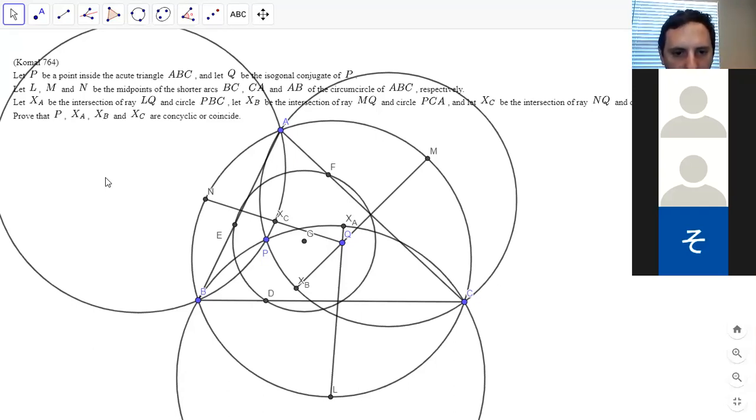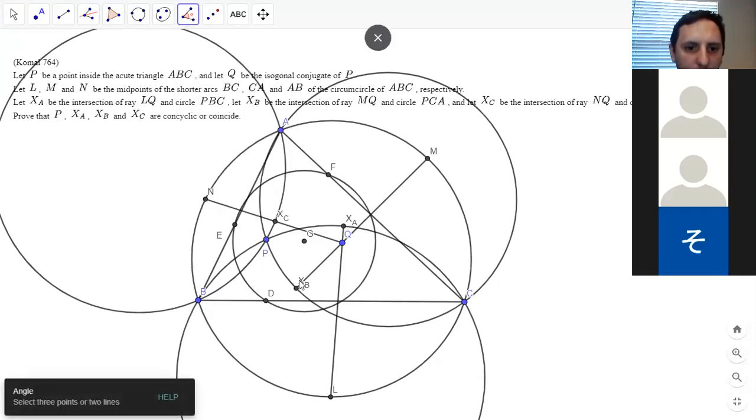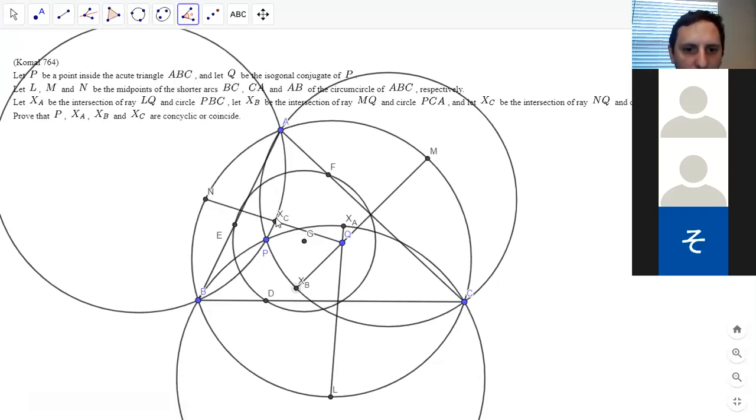So yeah, let me see if I have some random idea. Maybe ABC is similar to XA, XB, XC, or LMN is similar to XA, XB, XC. Ah, that could be. So close.